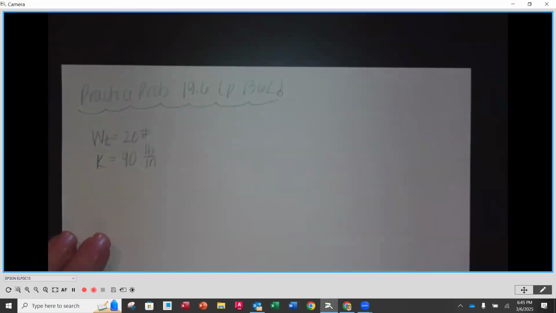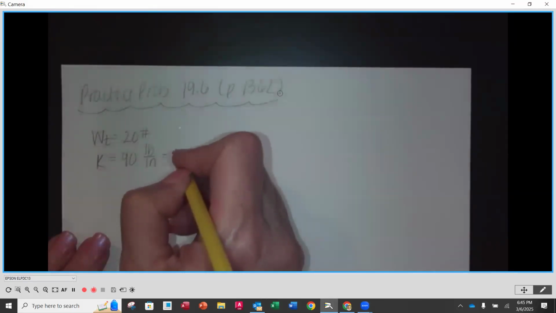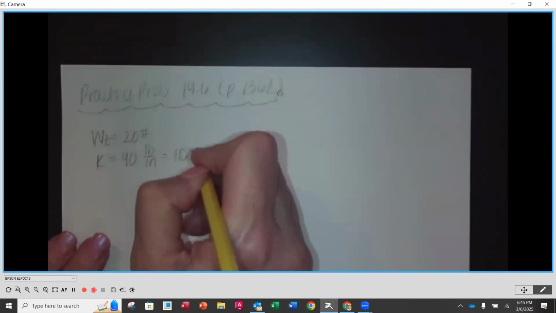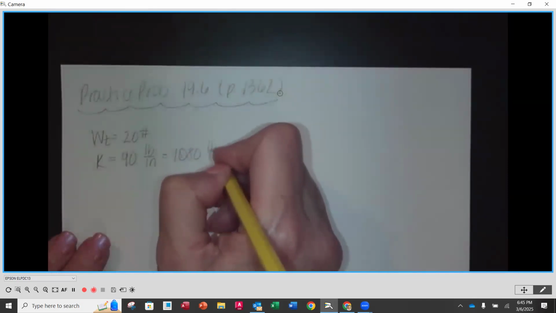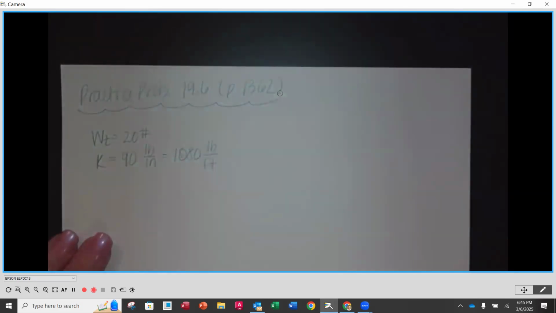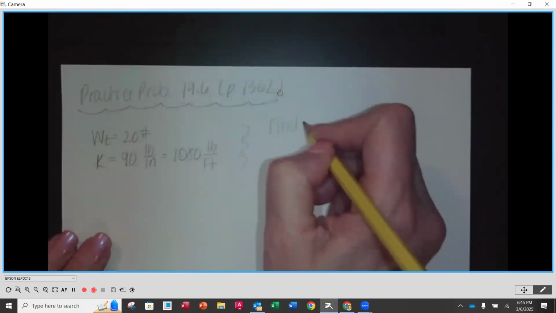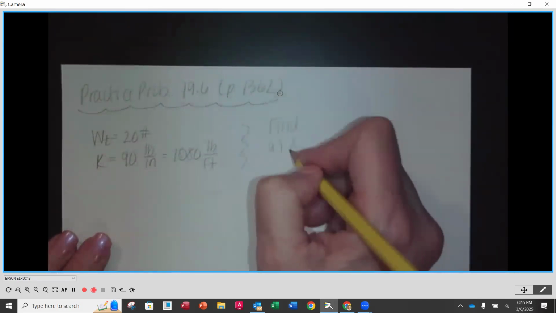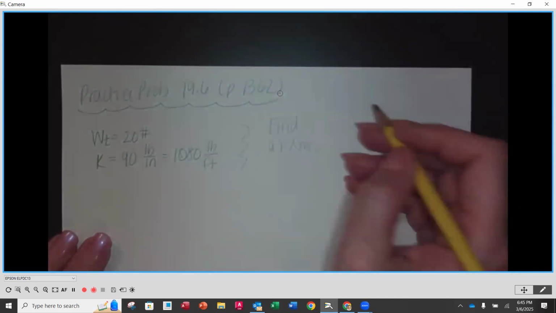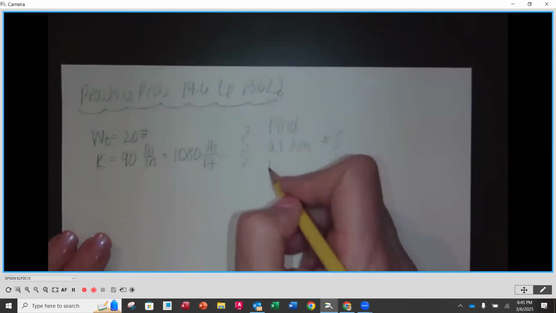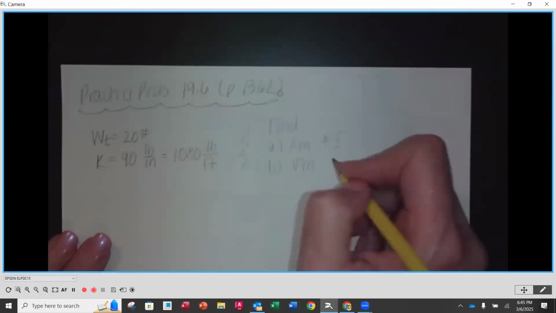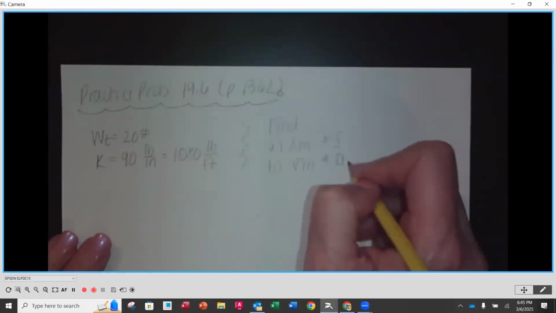I did the conversion, that is equal to 1,080 pounds per foot, multiplying by 12. We want to find, in part A, the maximum amplitude, that distance from equilibrium, and the frequency. And in B, we want to find the maximum velocity and the maximum acceleration.